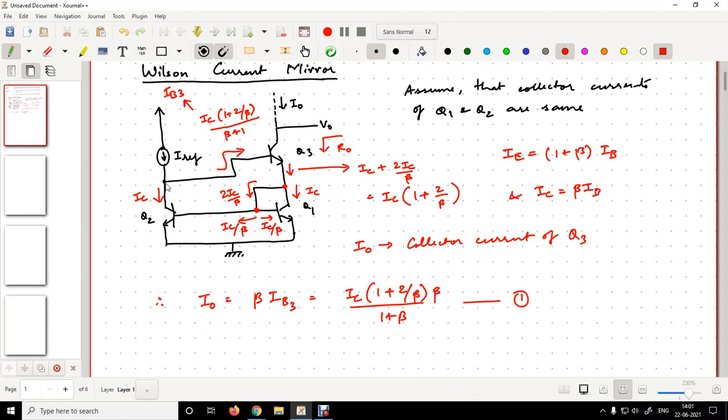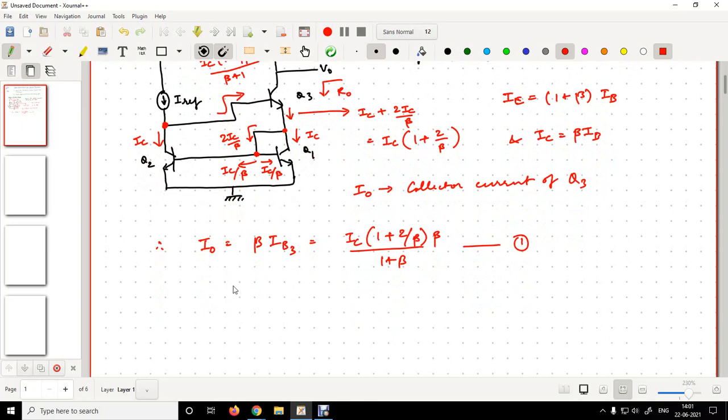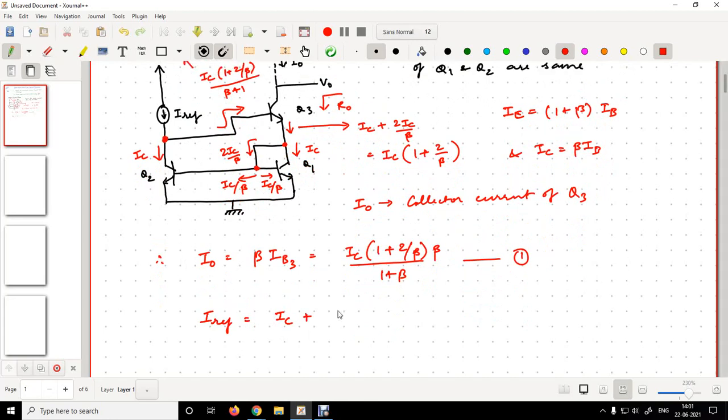If I look at this point here and apply KCL, I will get I reference as IC plus IC into 1 plus 2 by beta divided by 1 plus beta. KCL at this point, I will call this equation 2.